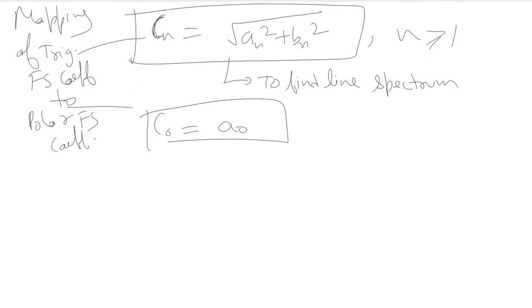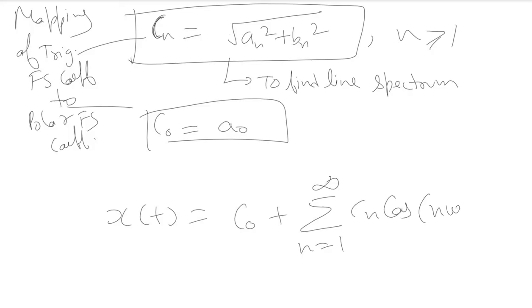Now if we substitute all these values and simplify the expression of x(t), it comes out to be c naught plus summation n ranging from 1 to infinity cn cos(n omega naught t plus theta n).